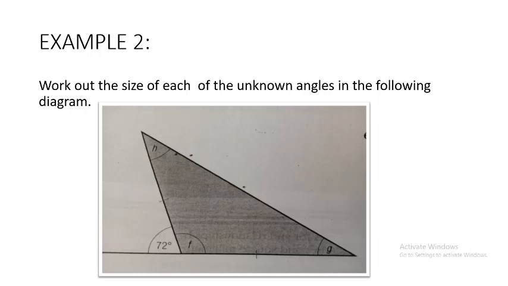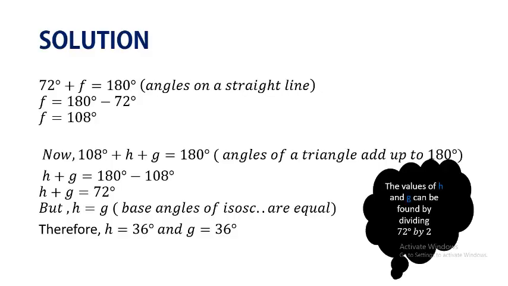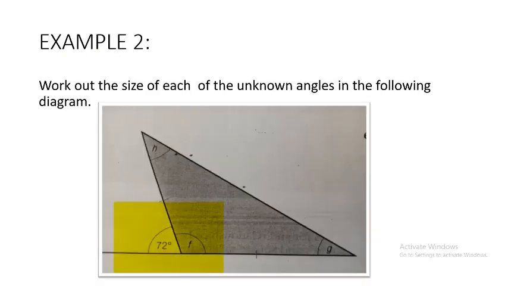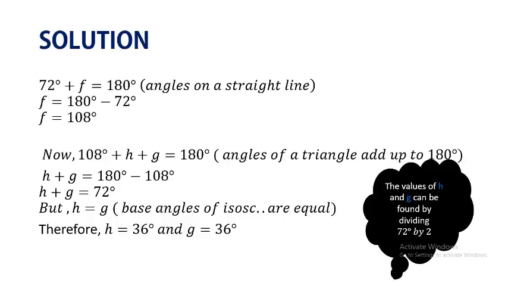So let us go to solution. So 72 degrees plus f. Have you seen where there is 72 degrees and f? If we add these angles, the answer will be 180 degrees. Why? Because angles on a straight line add up to 180 degrees.